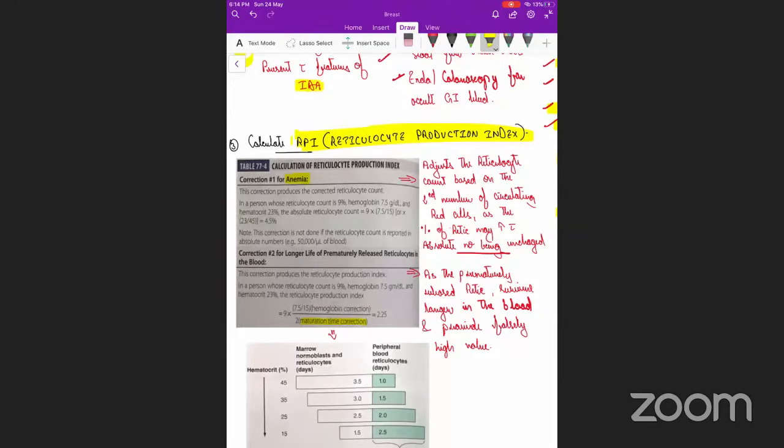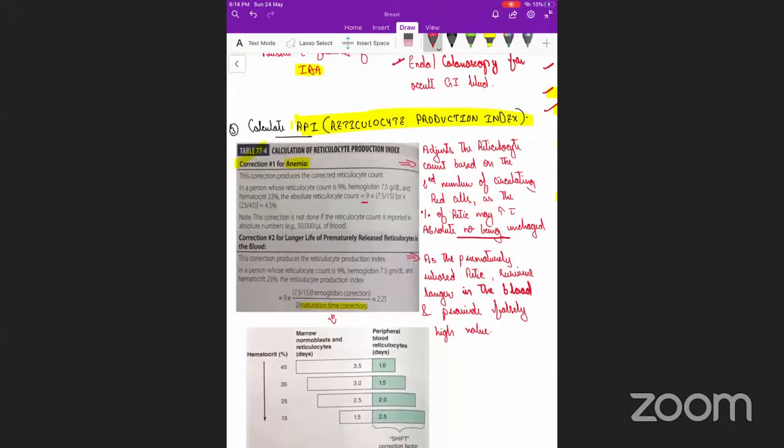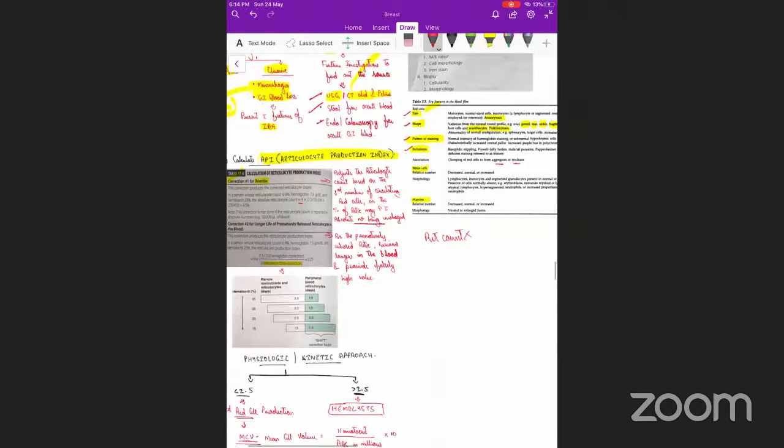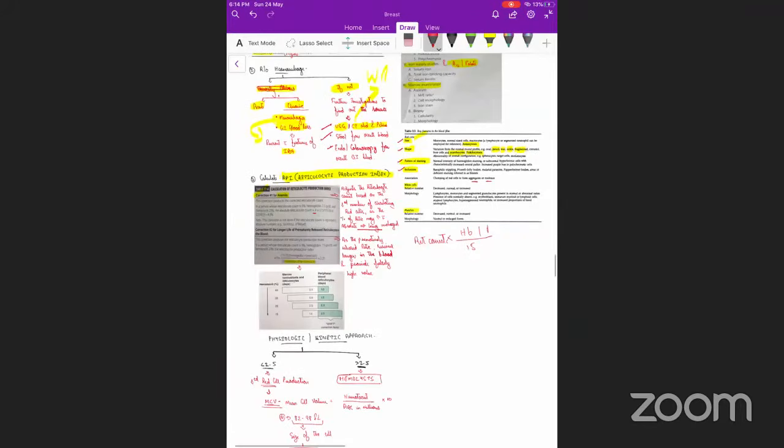So to correct for that, we use the first correction, using a formula. What is the formula? Whatever the lab measured reticulocyte count, retic count, multiplied by the measured hemoglobin divided by 15, or hematocrit divided by 45.